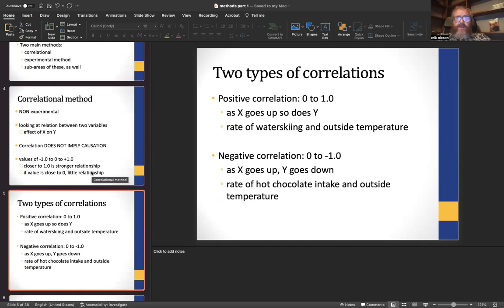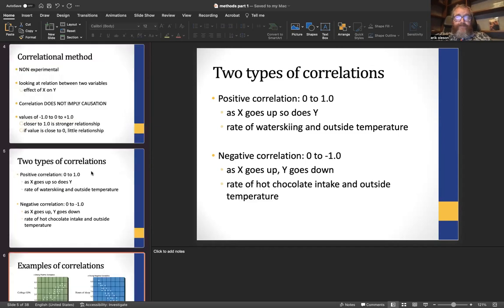So positive correlation goes from 0 to 1. As x goes up, so does y. For example, the rate of water skiing might increase as does the temperature. A negative correlation would go 0 to -1. As x goes up, y goes down. So the rate of hot chocolate intake might go up as the temperature outside goes down.